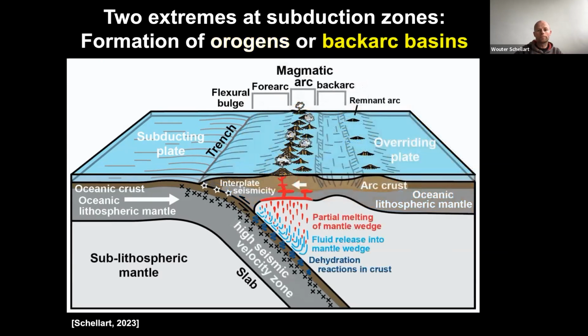And on the other side of the spectrum, we see overriding plates that are not shortening, but are actually extending. What happens when the overriding plate extends? Basically, we form a back arc basin.